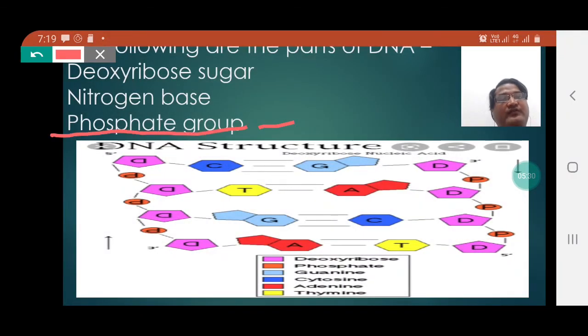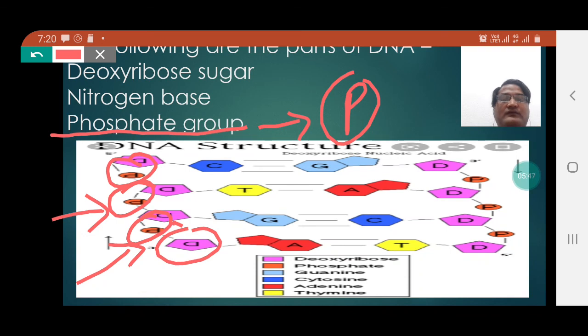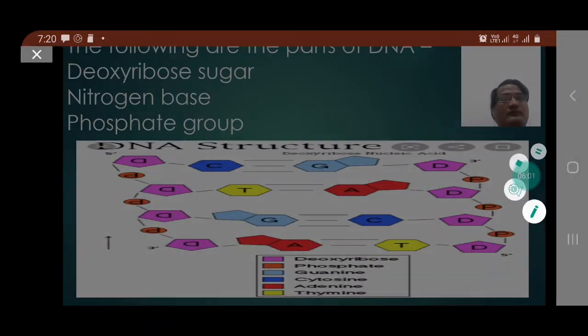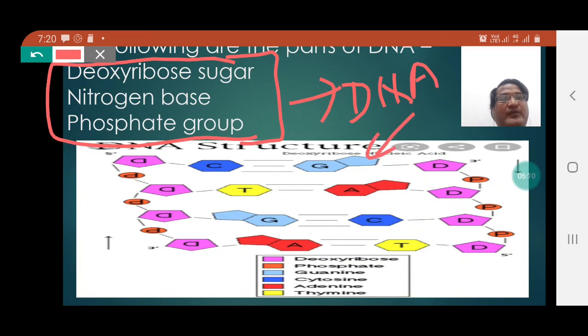Here phosphate group is represented by P. So students, in this picture we can easily notice the phosphate group in the form of P, on the left hand side of the DNA and the right hand side of the DNA. So students, these three parts taken collectively form the DNA, and can easily be located in this picture.